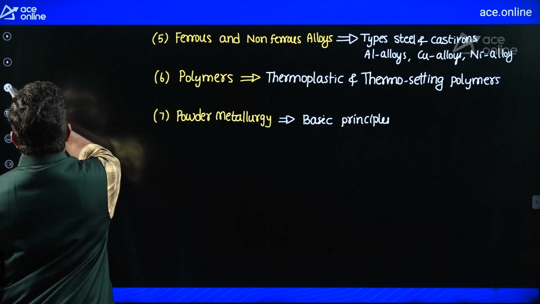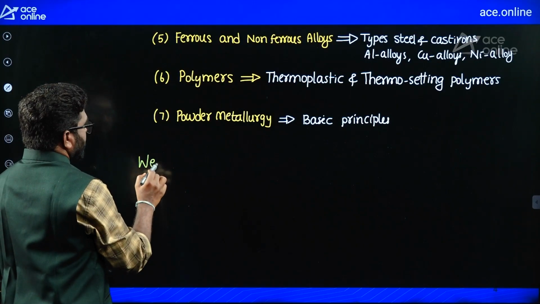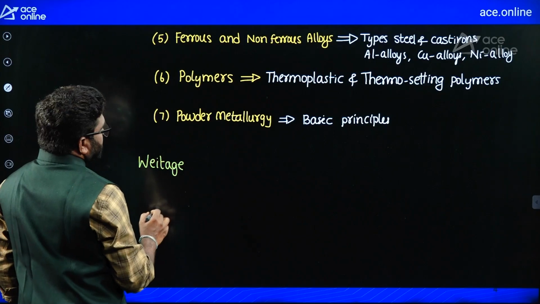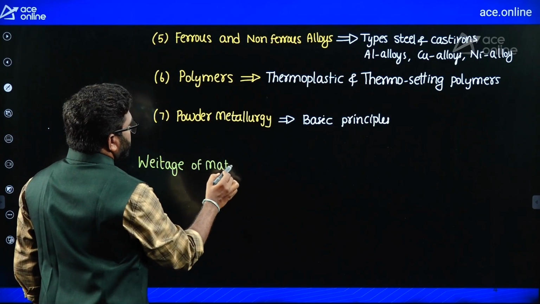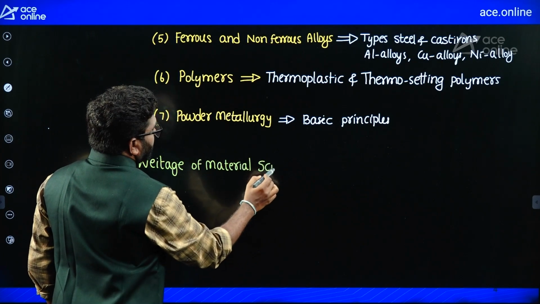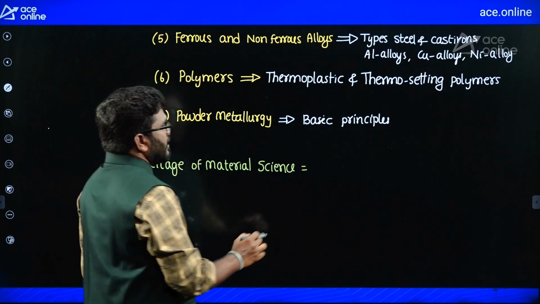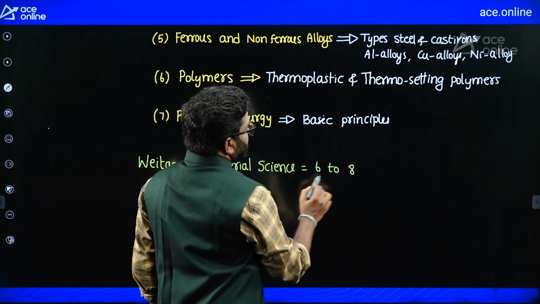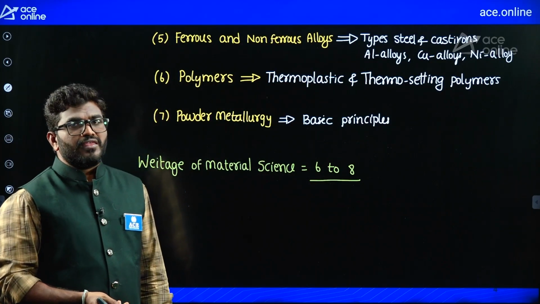The weightage of material science for mechanical ISRO is 6 to 8 questions, though it sometimes changes.